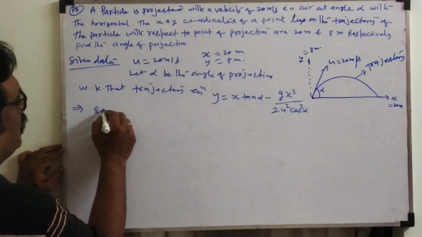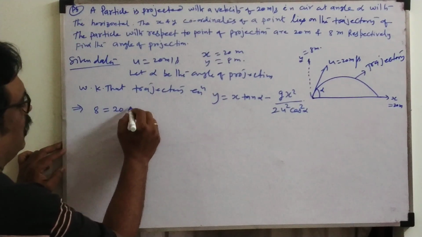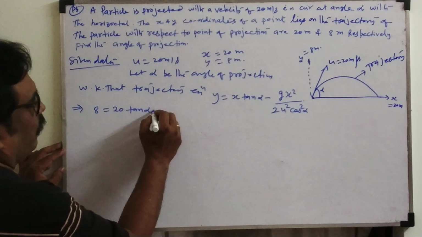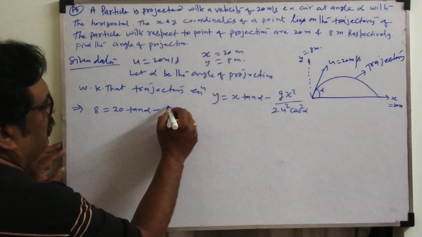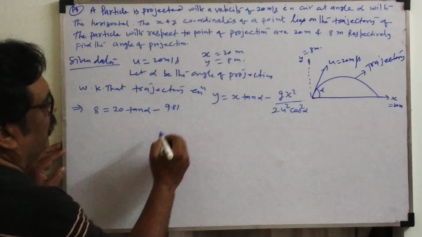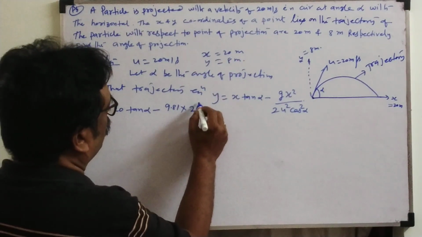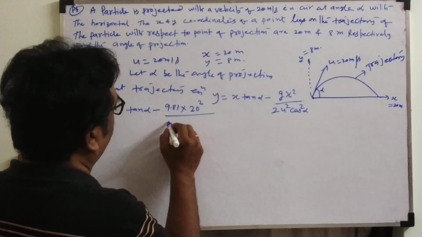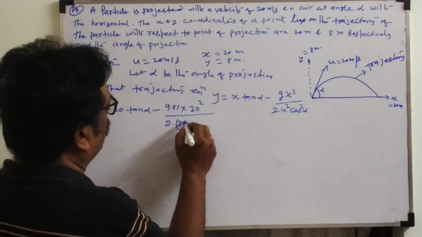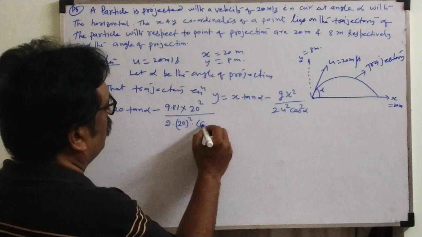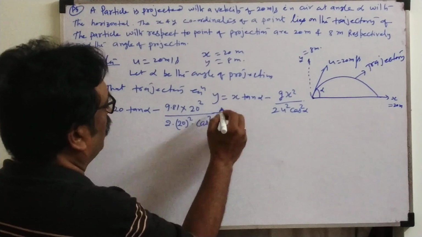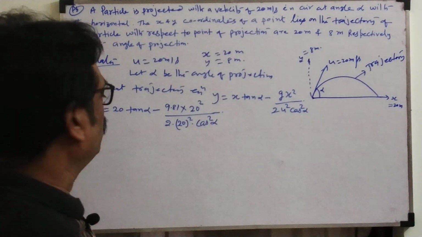Y is given 8, x is given 20, tan alpha minus g, you can say 9.81, x is 20, so 20 square divided by 2 into velocity 20 whole square into cos square alpha. We substituted all the values.